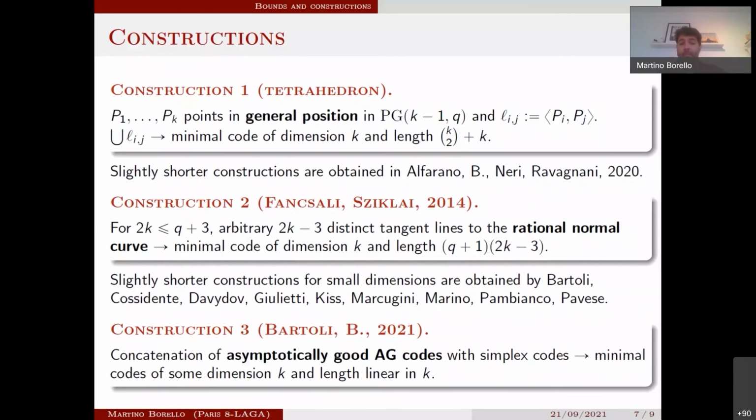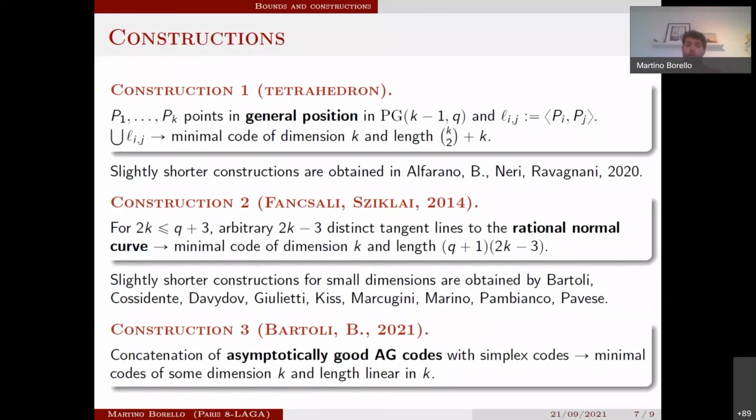And more recently, with Daniele Bartoli, we found an asymptotically good family of minimal codes. Asymptotically good family means exactly what we want: the length should be linear in K, and also the minimum distance, but you will see on the next slide.